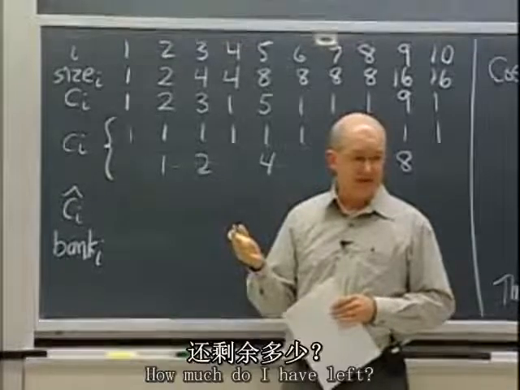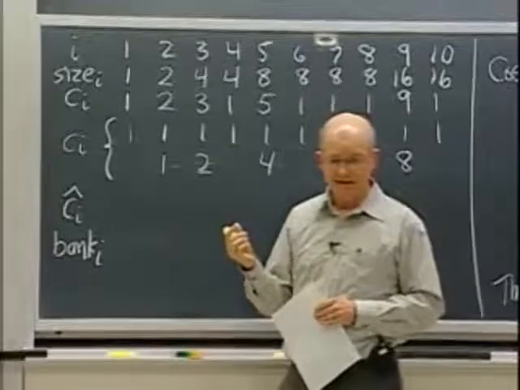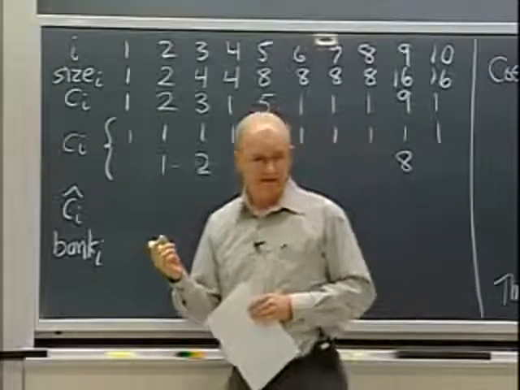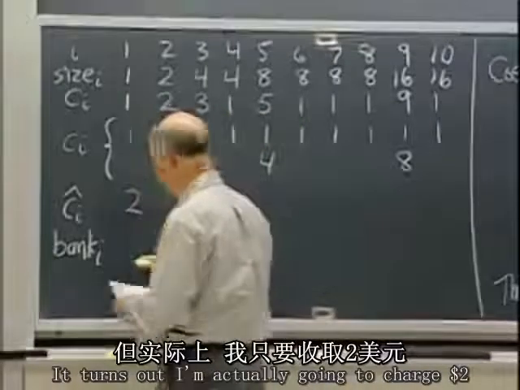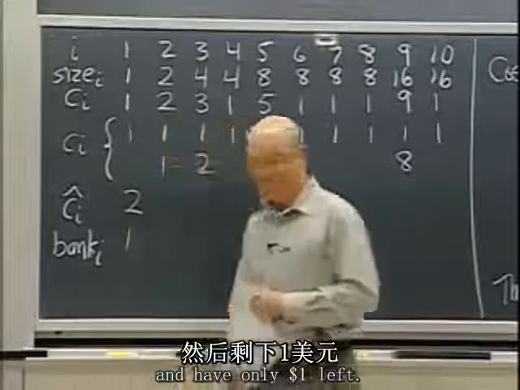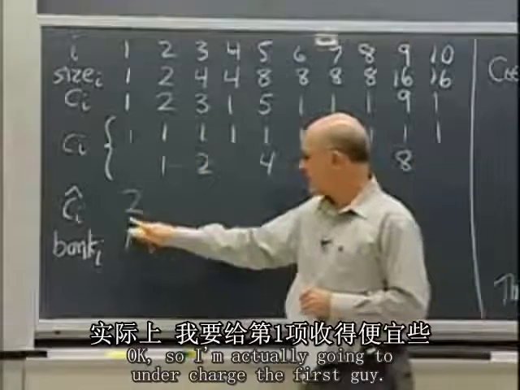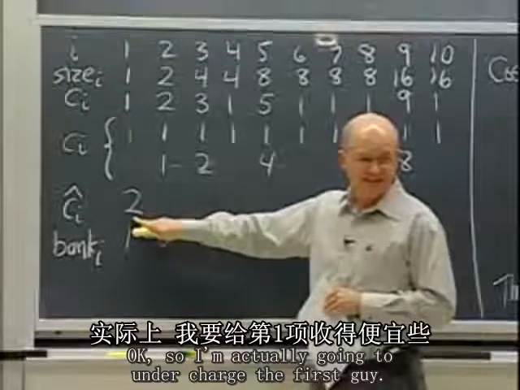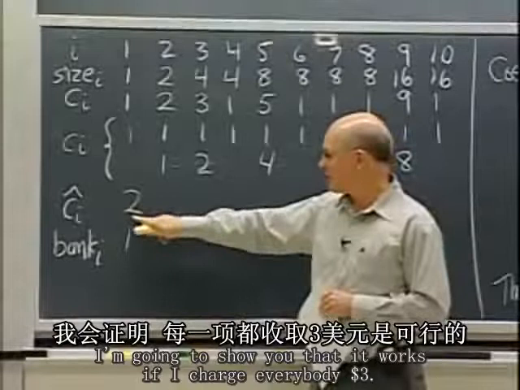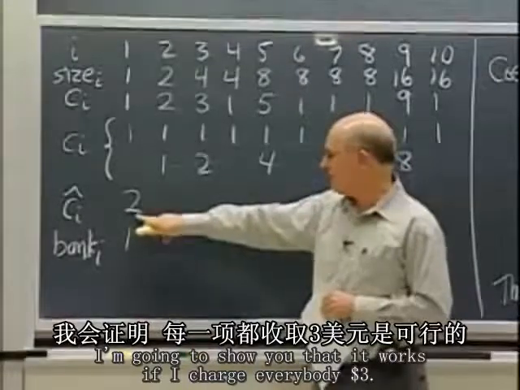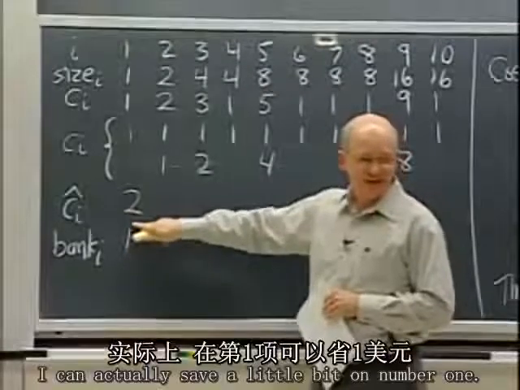How much do I have left? I'm going to have $2. Turns out I'm actually going to charge this $2 and have only $1 left. So I'm actually going to undercharge the first guy. I'm going to show you that it works if I charge everybody $3 except the first guy I charge $2. Can actually save a little bit on number 1.